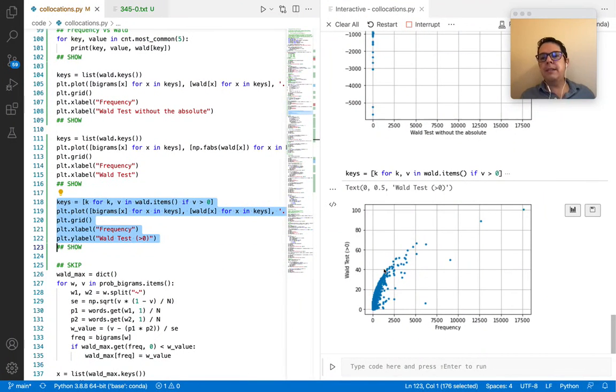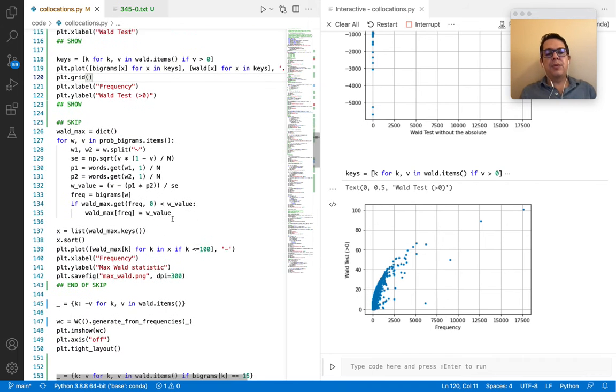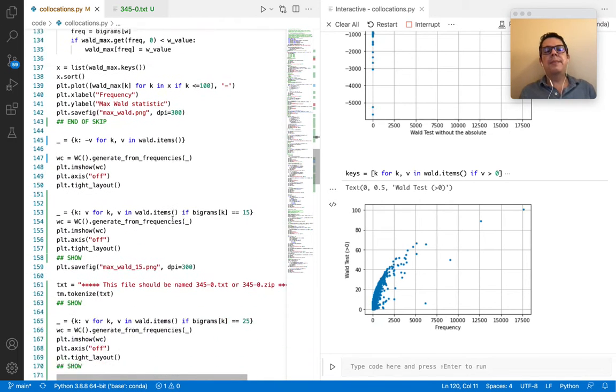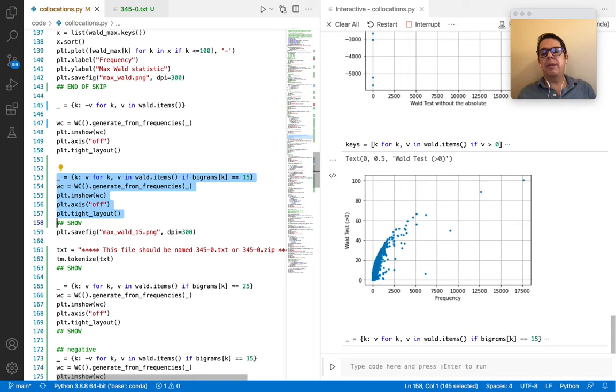Can we fix that? Well, yes, we can fix that somehow if we look only at some particular frequency. So instead of doing the word cloud for all the frequencies, just look at one of those frequencies. Let us focus on 15, just the number 15, and see how the word cloud looks.